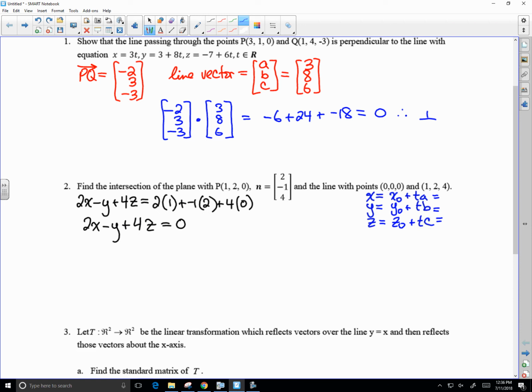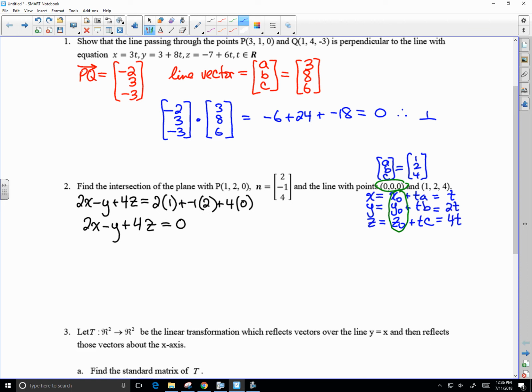The ABC is the displacement vector between the two coordinates, so ABC is going to be equal to 1, 2, 4. My x sub o, y sub o, z sub o are all 0. So I'm looking at just t, 2t, 4t as my x, y, z.